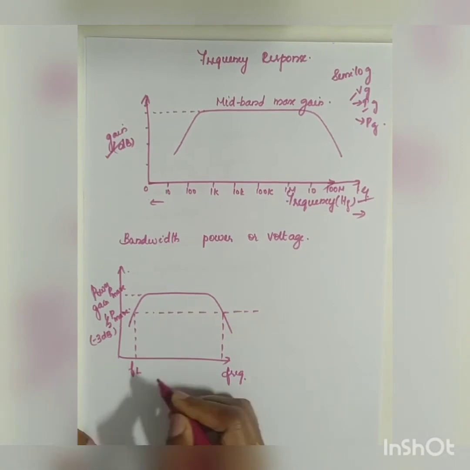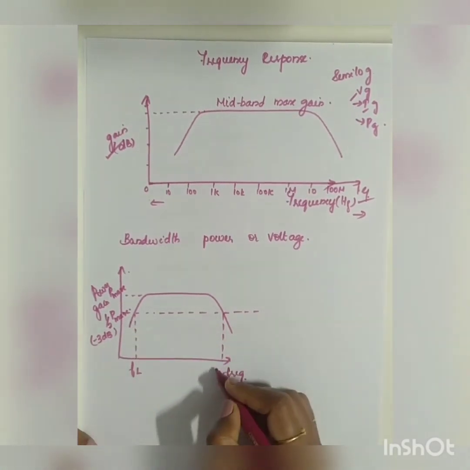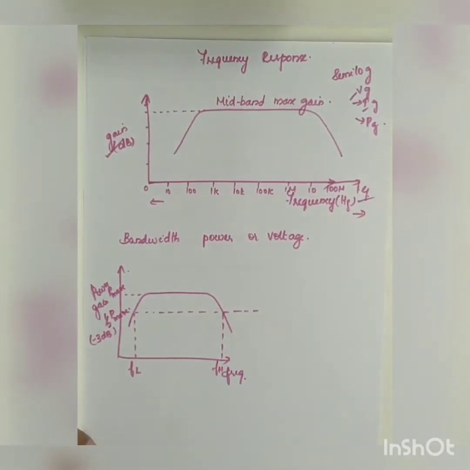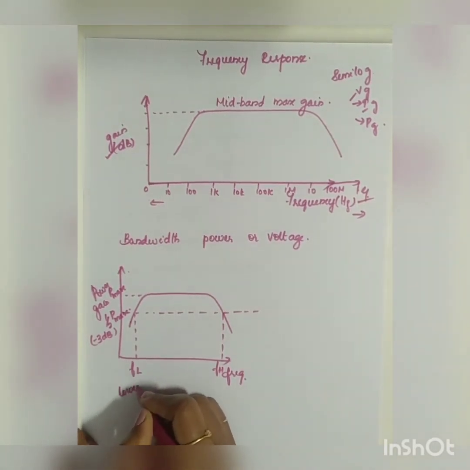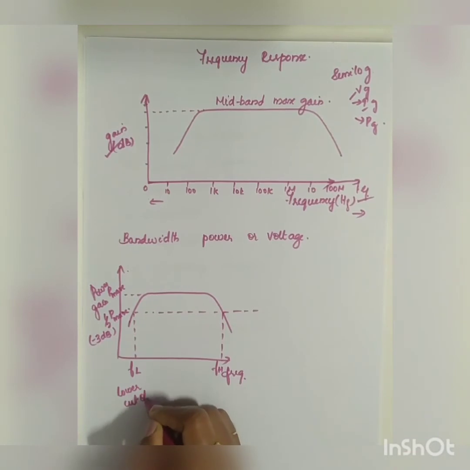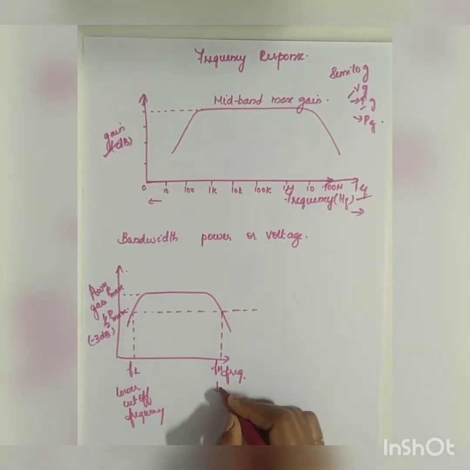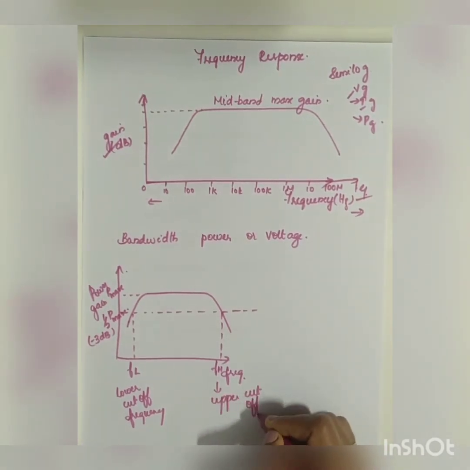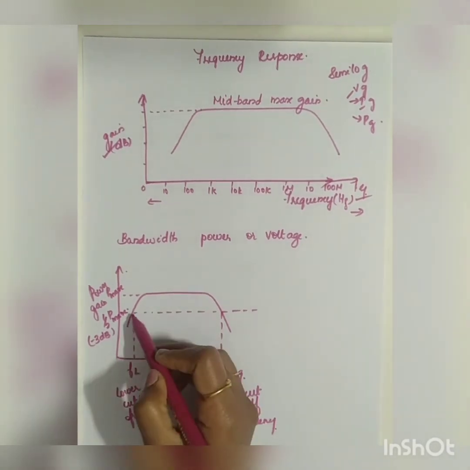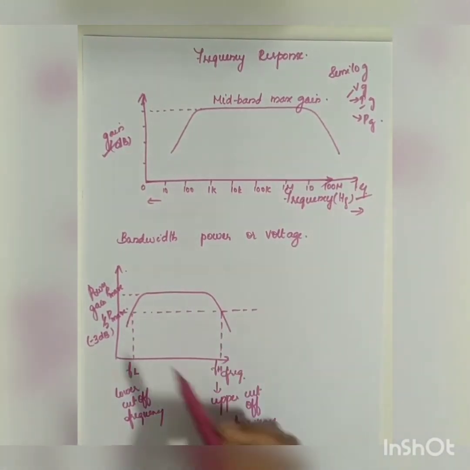At low frequency it is called FL, and at high frequency it is called FH. So FL is called the lower cutoff frequency, and FH is called your upper cutoff frequency.